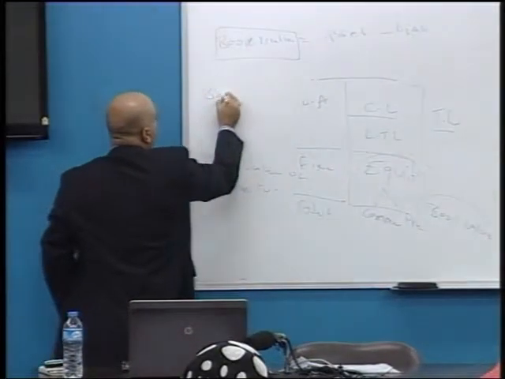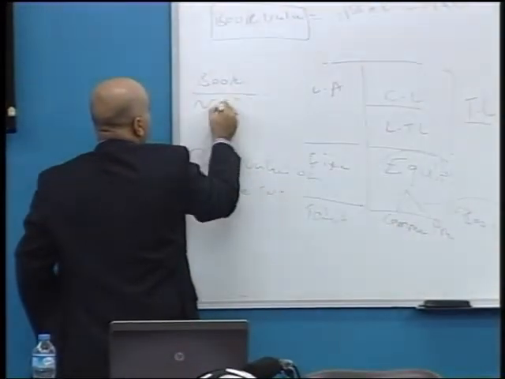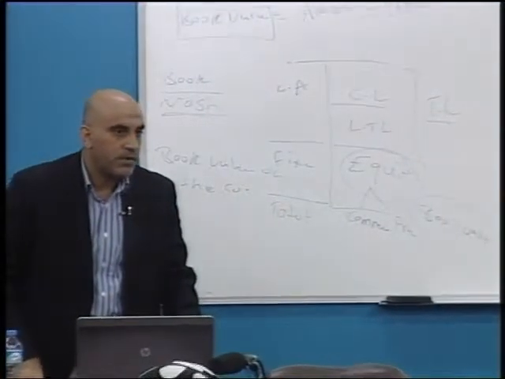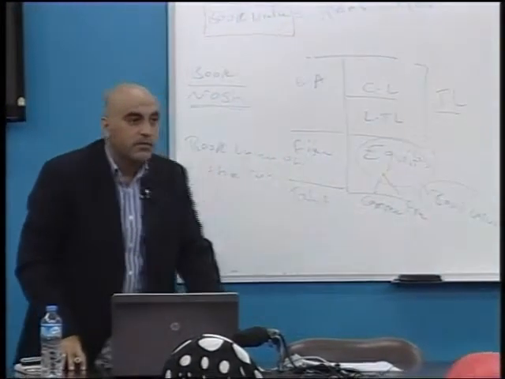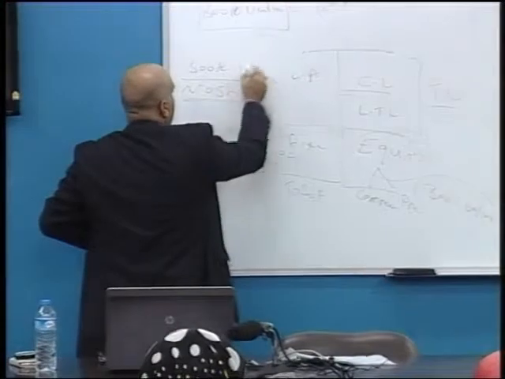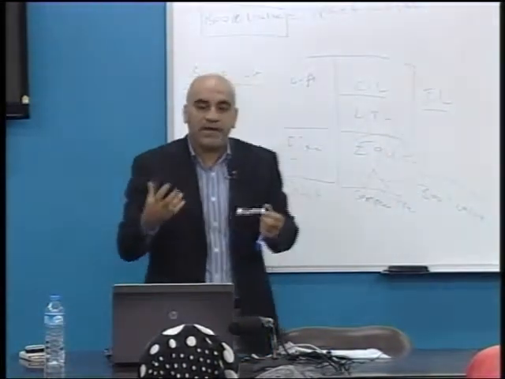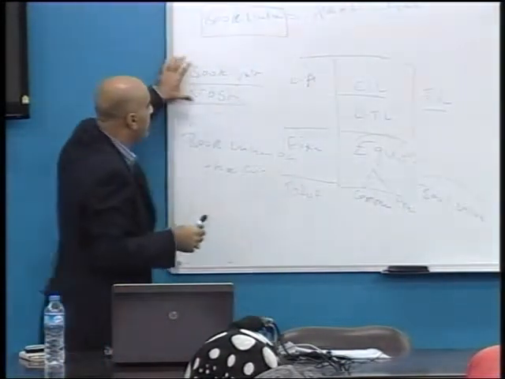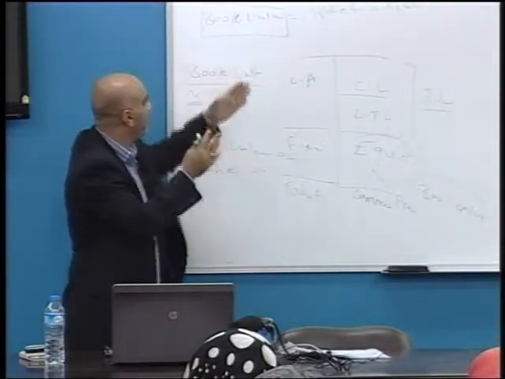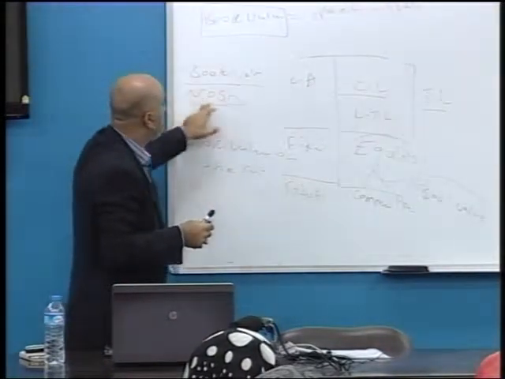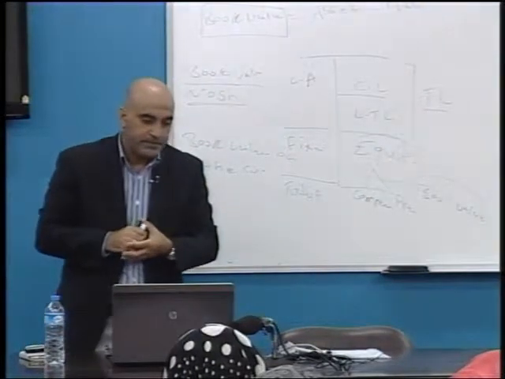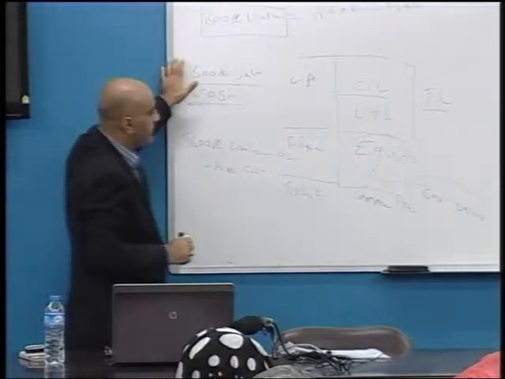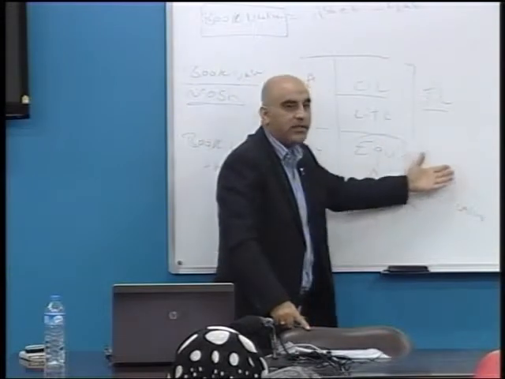So the book value per share is the total book value divided by the number of shares outstanding.